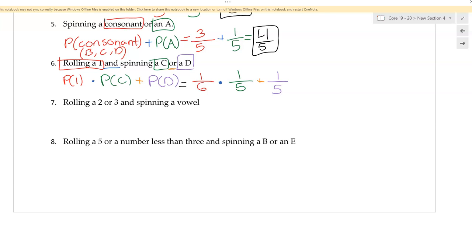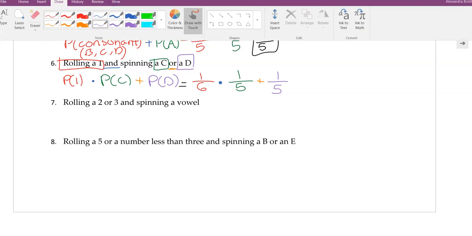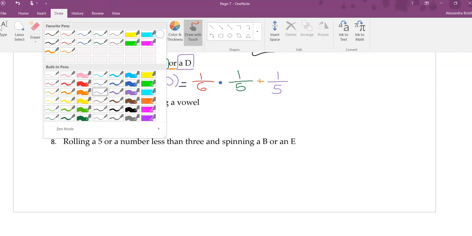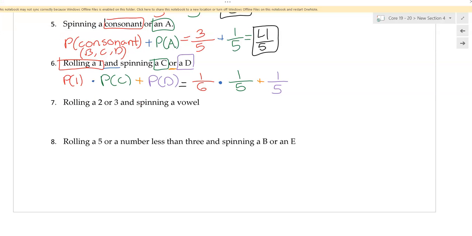Okay? The most important thing is we have to break order of operations first. These things are coming from the same thing. They have to be grouped together. So we're always going to put parentheses around addition.